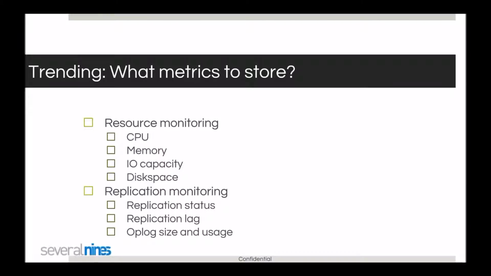If we look at what metrics we need to store, it's all quite similar to MySQL. We need to store metrics of CPU, memory, I/O capacity, disk space. You may want to do some benchmarking up front, so that you know how much the I/O capacity actually is, and then set, for instance, a threshold on that in your graphs.